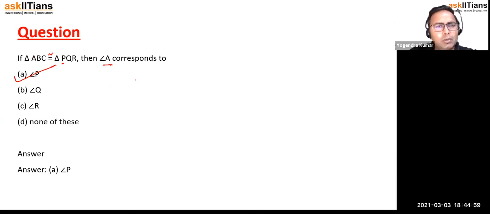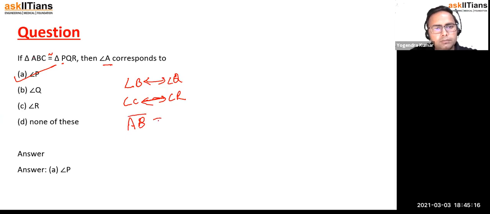Simple answer, right? If I say angle B corresponds to what? Angle B corresponds to angle Q. Angle C corresponds to angle R. AB corresponds to PQ.